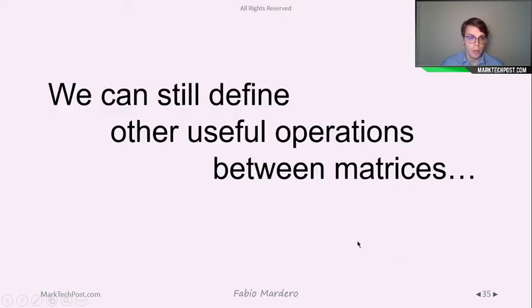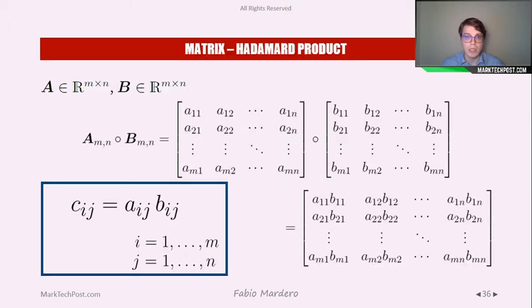But other than addition and scalar multiplication, with matrices we can define some useful operations. That's the case, for example, of the Hadamard product. In this, we introduce a multiplication type of operation that consists of a multiplication between 2 matrices.